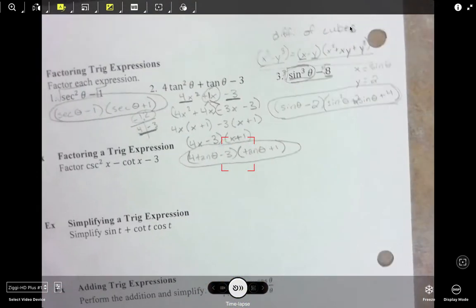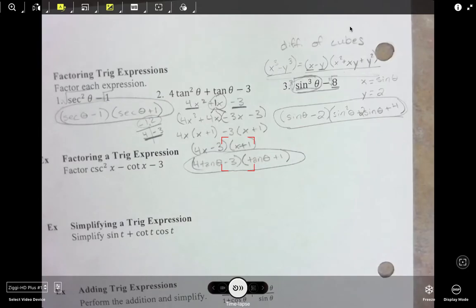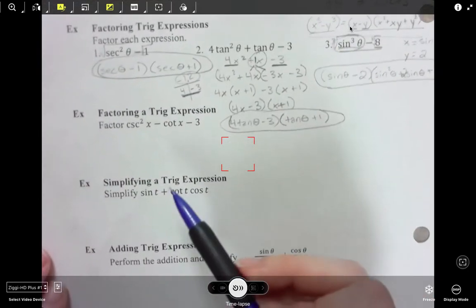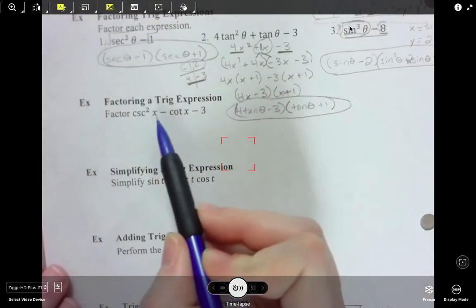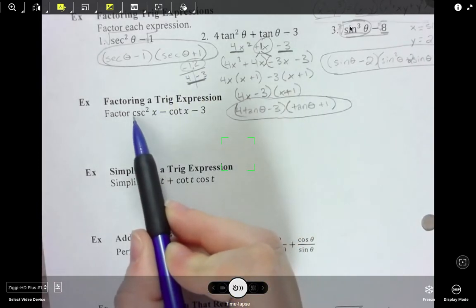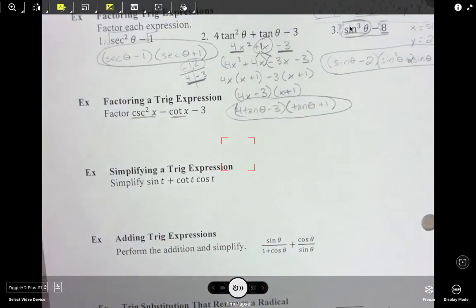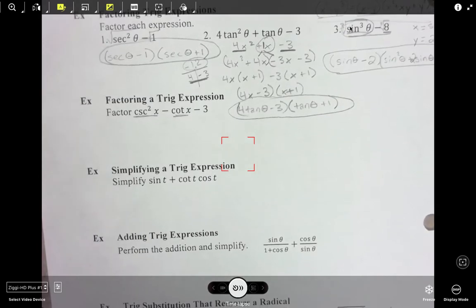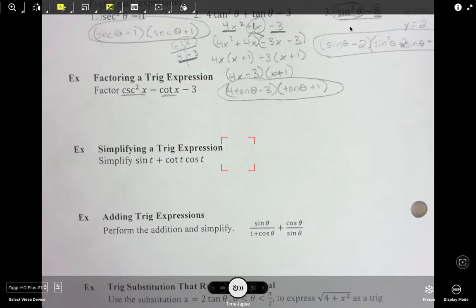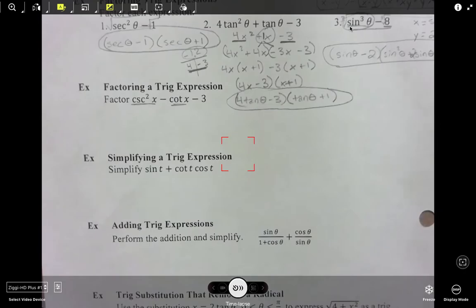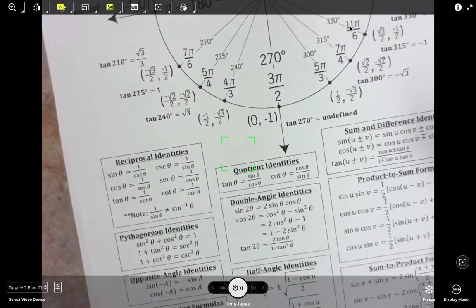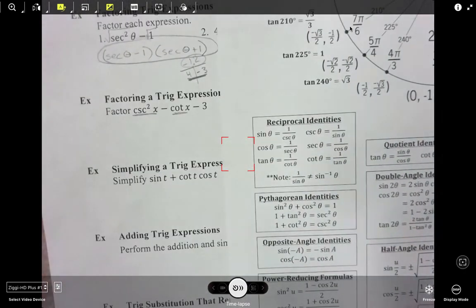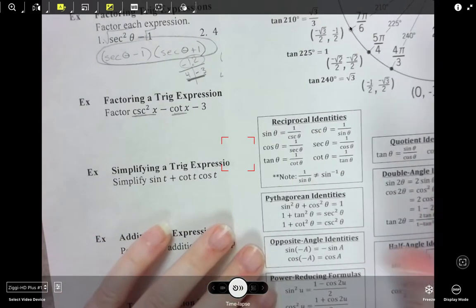Again, if I'm going too fast through any of this, pause. All right, factoring a trig expression. I notice in this one that the trig functions I have are two different ones, cosecant and cotangent. So what I want to try to do is simplify that if I can by using one of the expressions on the unit circle, flipping over to the front side of this page.